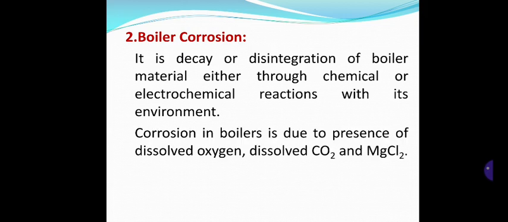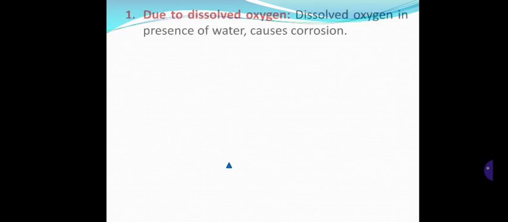Corrosion in boilers is due to the presence of dissolved oxygen, or it may be due to dissolved carbon dioxide and magnesium chloride. Now we'll see one by one. The first one is the presence of dissolved oxygen. Water invariably contains dissolved oxygen, which can be one of the main causes of boiler corrosion.